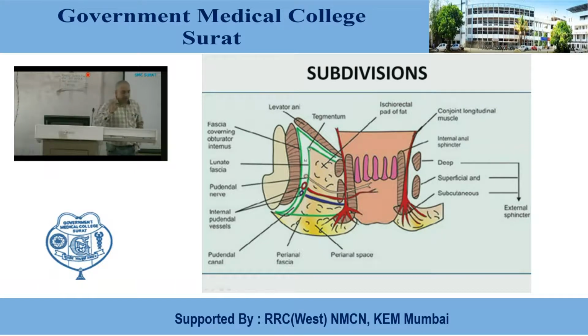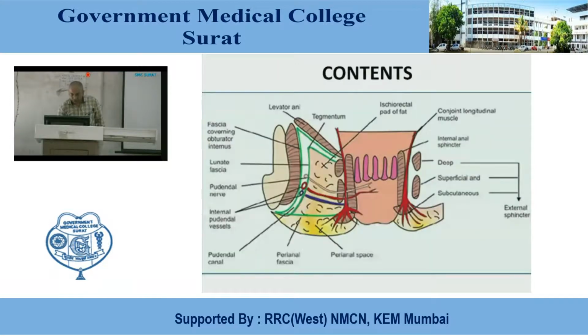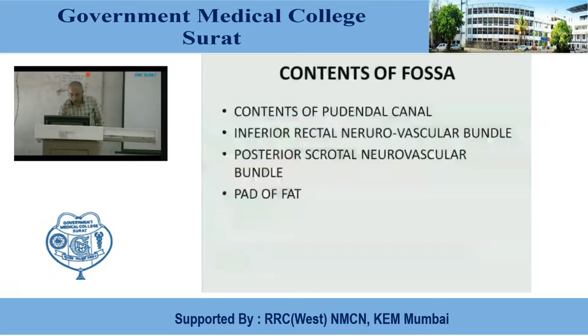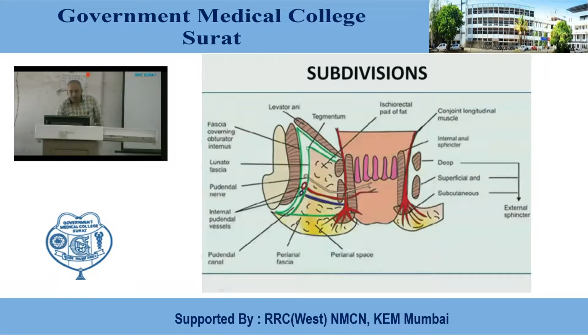The small part of the ischiorectal fossa above the tegmentum is known as the suprategmental space.